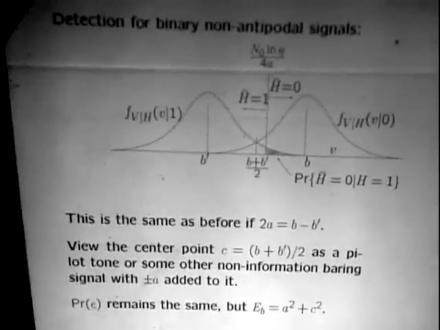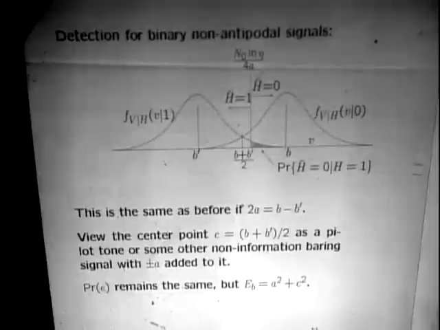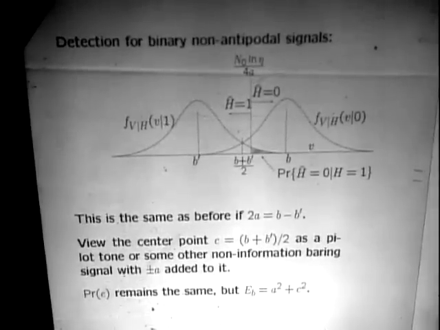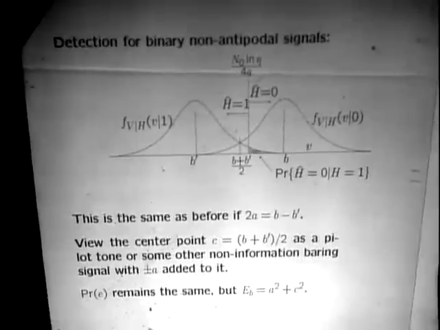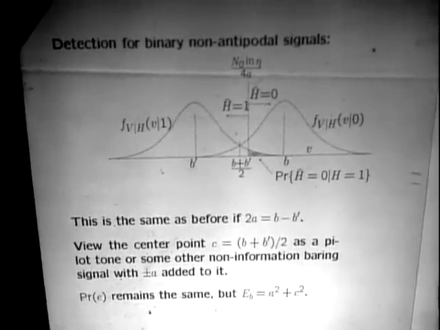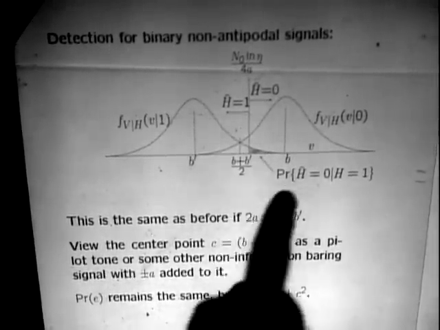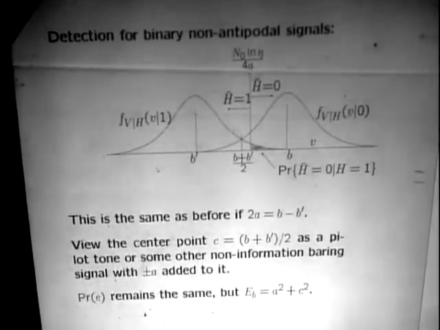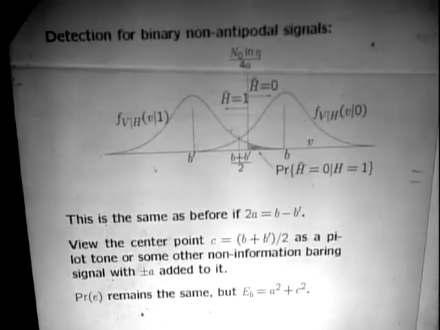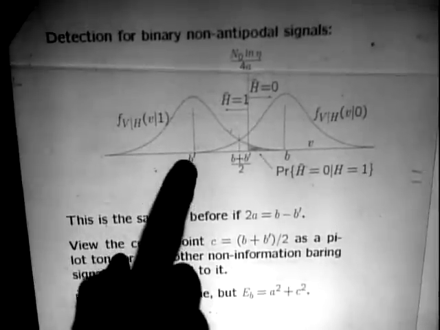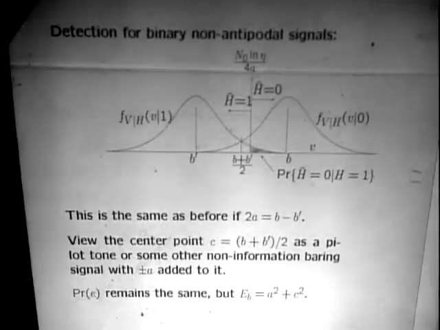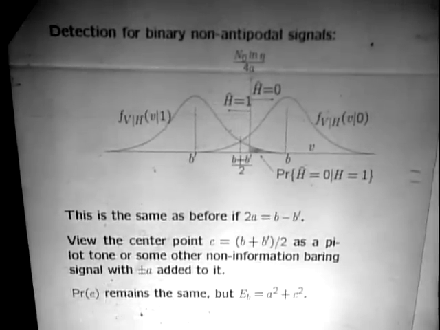Okay, so we spent a lot of time analyzing binary antipodal signals. What about binary non-antipodal signals? This is a beautiful example of Shannon's idea of studying the simplest cases first. If you have two signals, one of which is b and one of which is b prime, and they can be put anywhere on the real line.